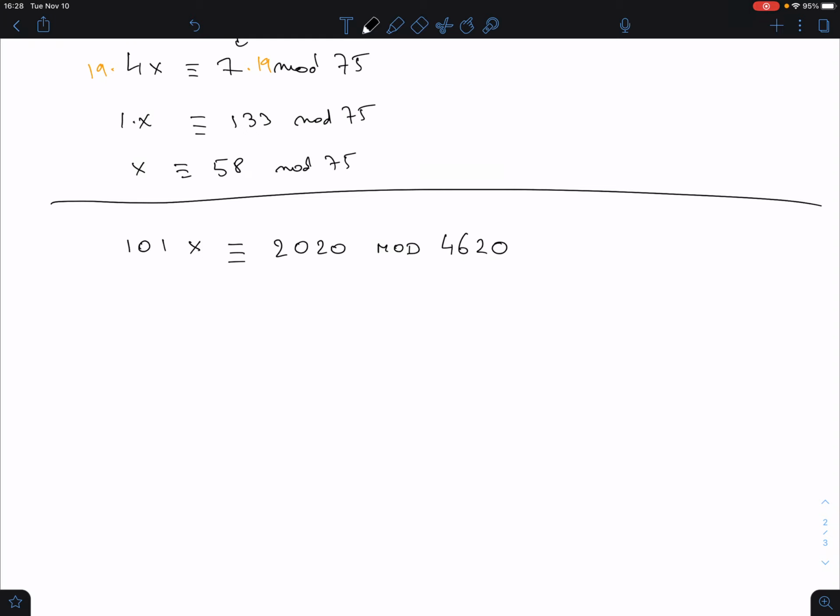So I repeat, what is necessary for us to be able to solve this is that this number in front of x can be inverted. We can multiply with something to make the whole thing 1, so it disappears. Of course, we have to multiply the same number on the right side.